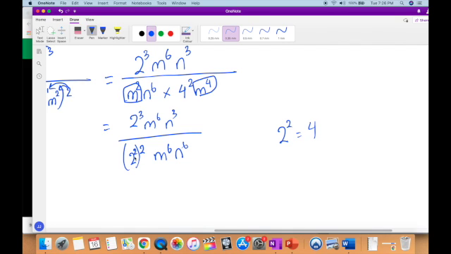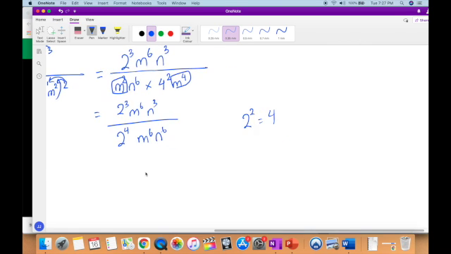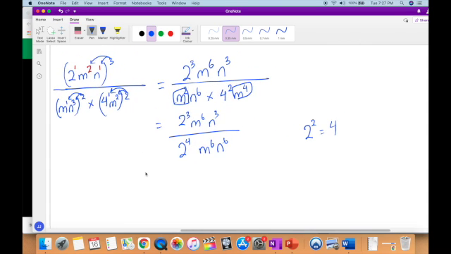So 2 squared inside the brackets is 4. But now I could take this 2 and multiply it by this 2. So what do I end up with? 2 2s are 4, so this is 2 to the power of 4. Amazing, isn't it? That is quite incredible. I hope it makes sense to you guys.